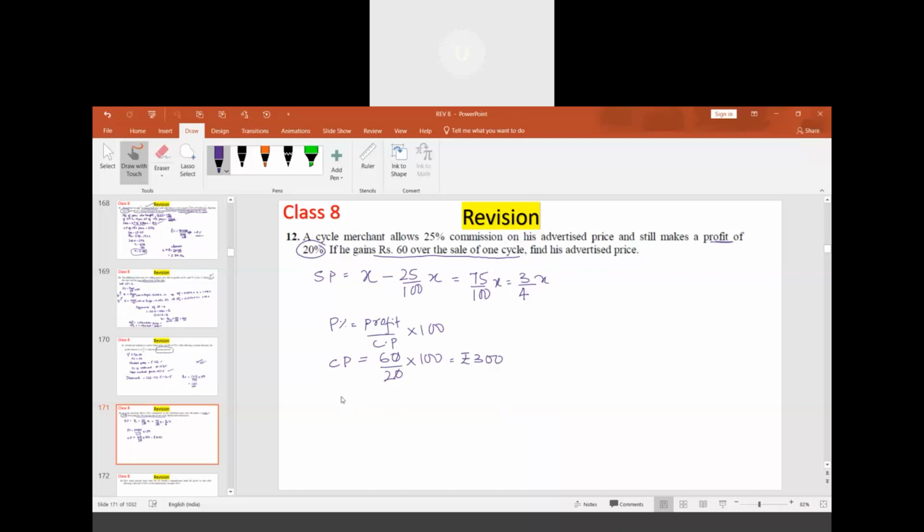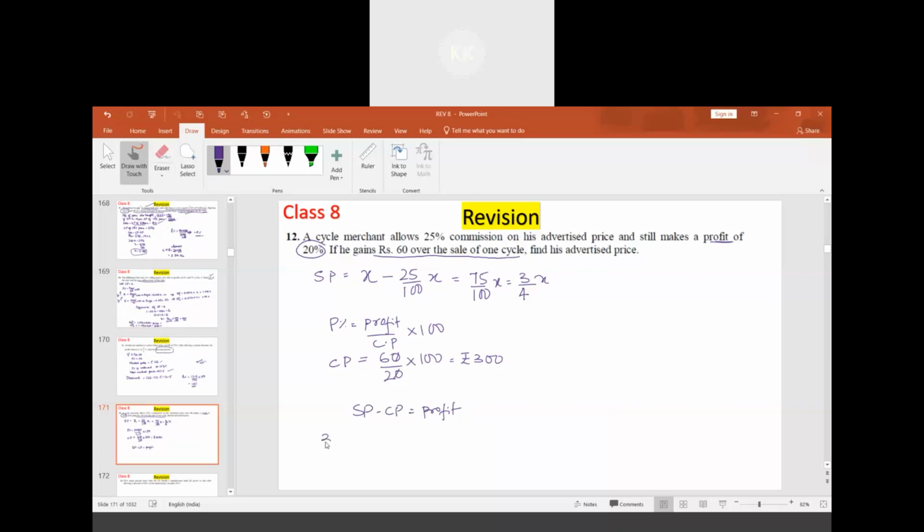Then the selling price is the advertised price, 3x by 4. We are using this formula: selling price minus cost price is profit.